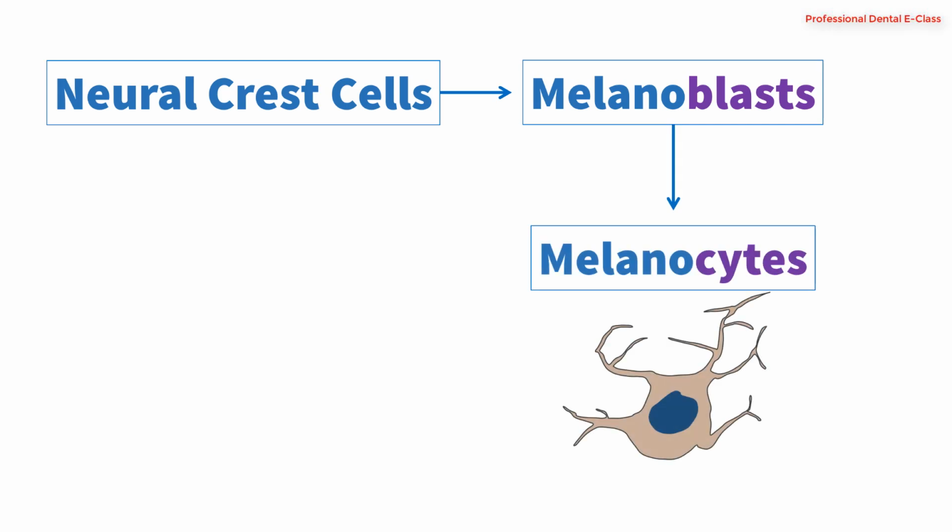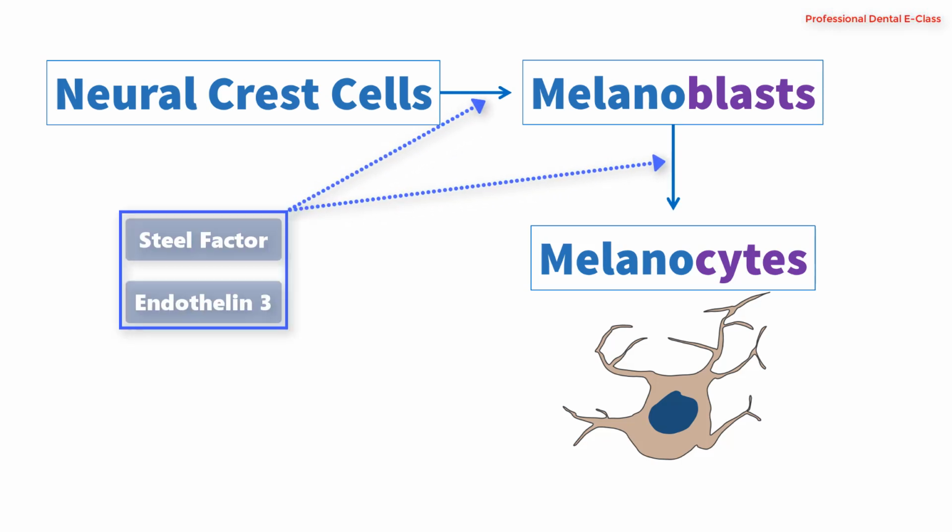There are certain molecular factors responsible for this melanocytic differentiation and maturation. The two main ones are the Steel factor and endothelin 3. Once differentiated, the melanocytes begin the process of melaninogenesis or melanogenesis or melanin production. These all mean the same thing.